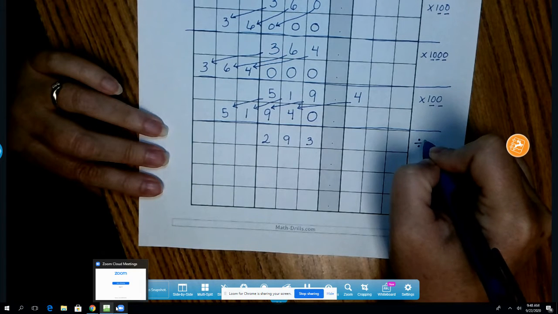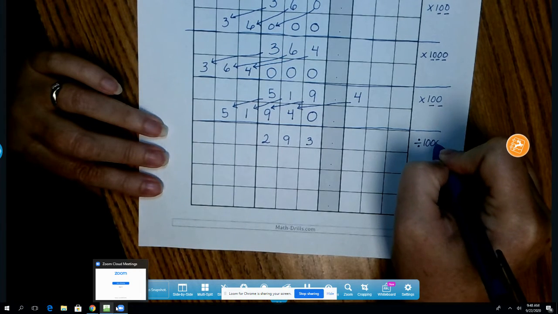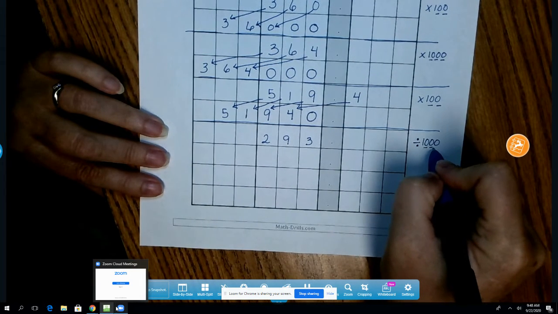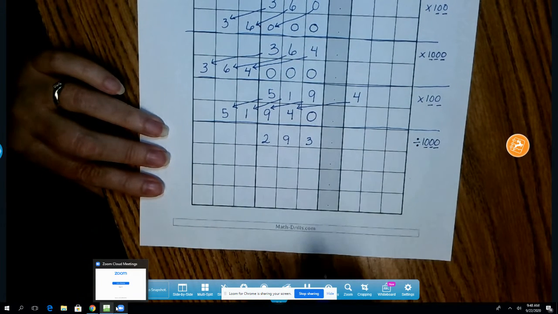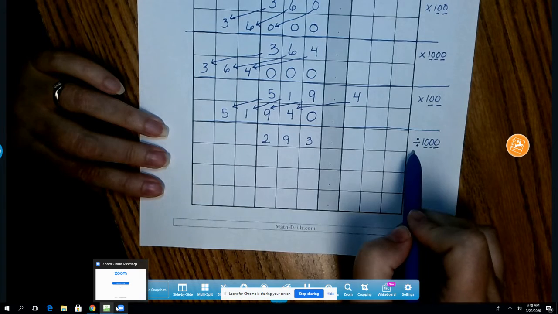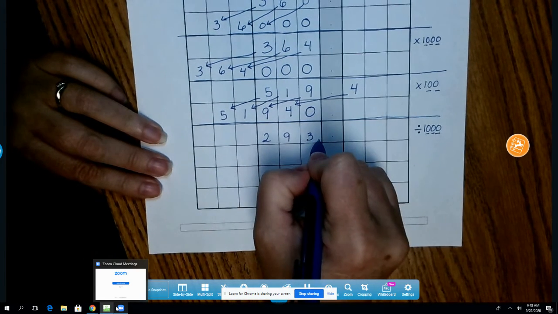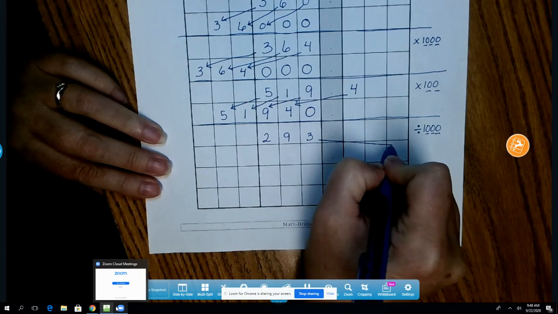Oh, let's be crazy. Let's divide by 1,000. Okay, so I have 1, 2, 3 zeros, which tells me that I'm going to be moving my digits 3 place values, and I'm dividing, so my numbers are getting smaller this time. So I'm going to do this 3 place values.